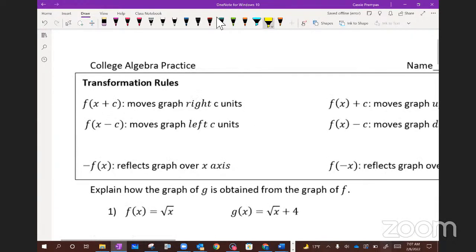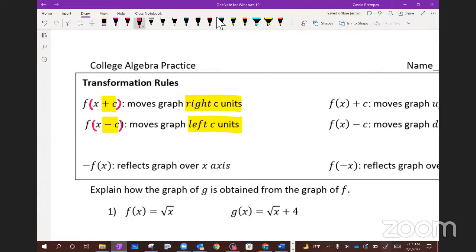So looking at these transformation rules, we discovered these last week using the Desmos website. And here's the important piece to see. If there's been a number added to the X coordinate, that's going to move the graph right C units. If there's been a number subtracted to the X coordinate, that's going to move the graph left C units. Remember what I said last week? If the value's in parentheses, I think of it like opposite day.